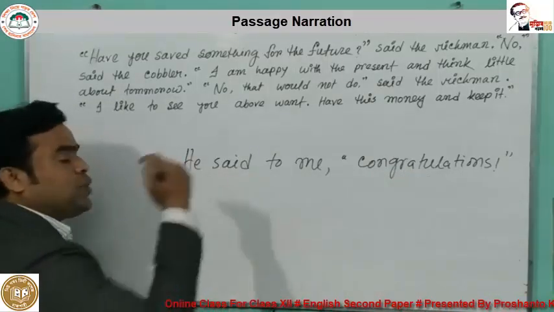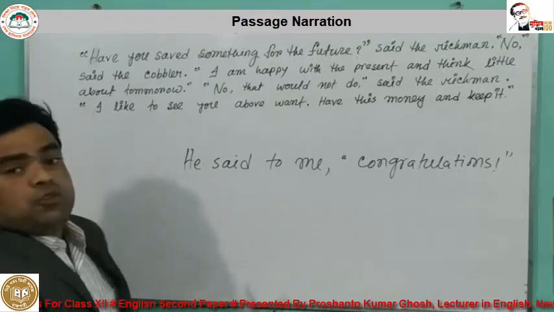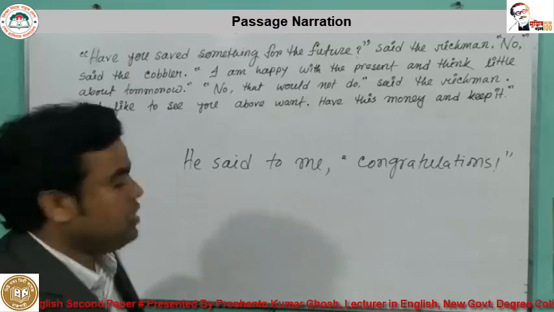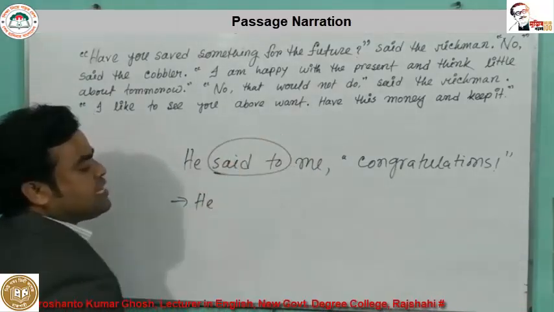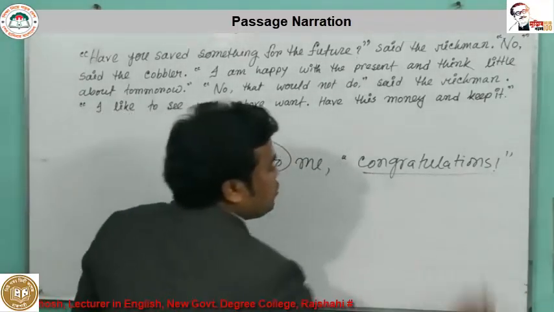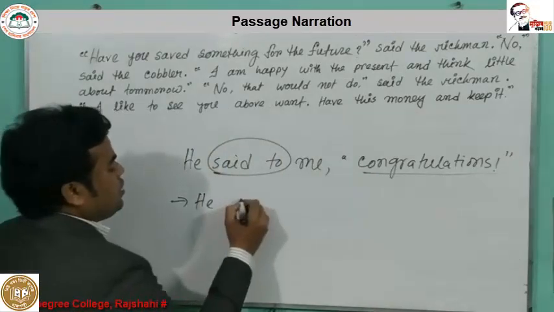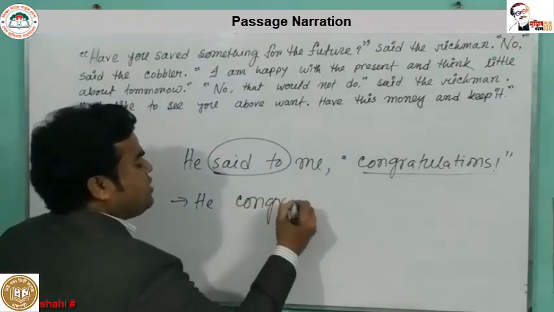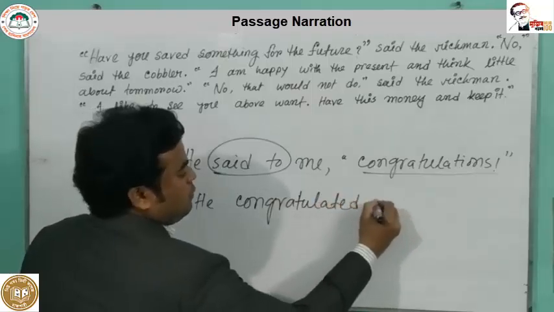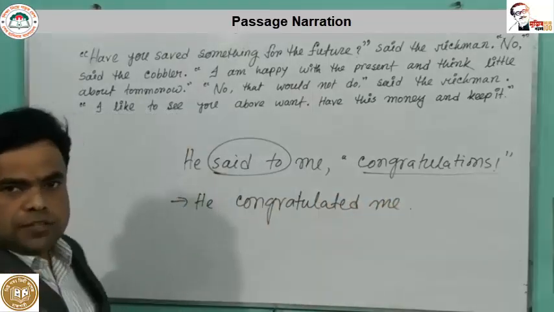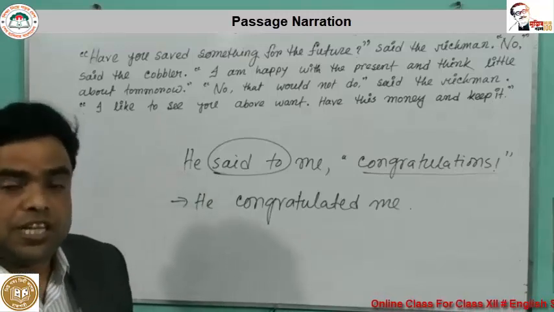It is also an exceptional rule, dear learners. How can you change it into indirect form? Instead of the reporting verb, if there is congratulation in the reported speech, you have to use he congratulated me. That's it. You have to know this rule. These are very exceptional rules, as I have already said.